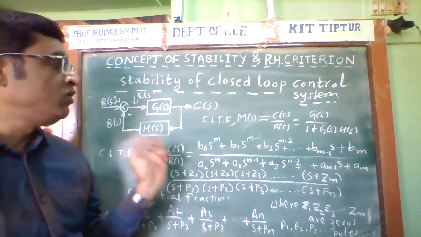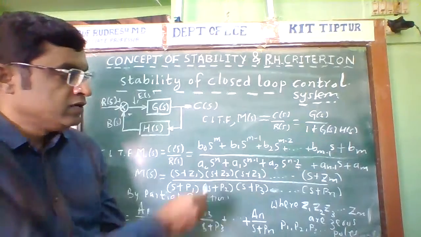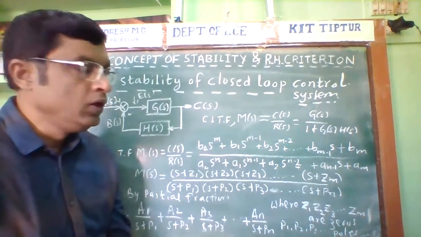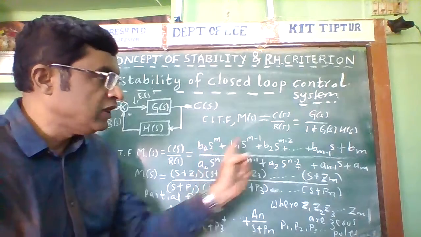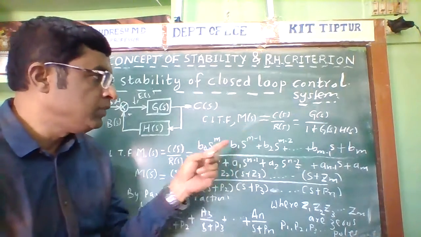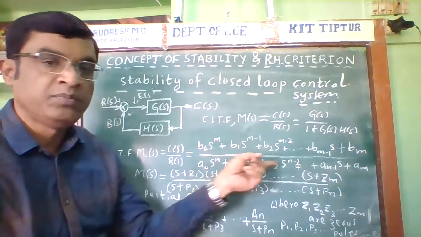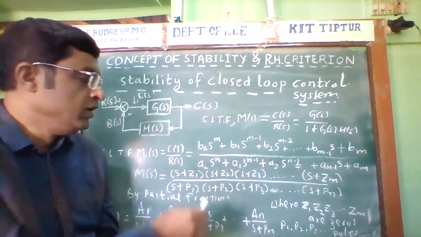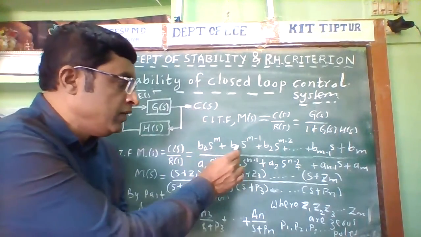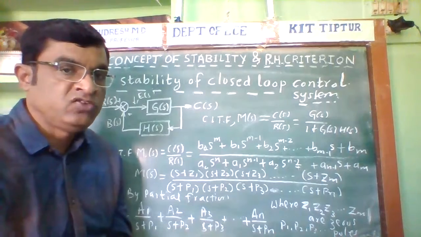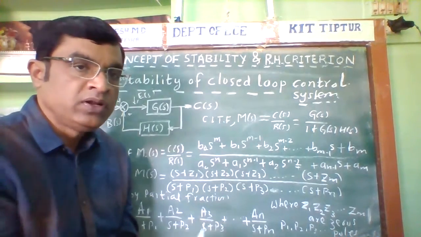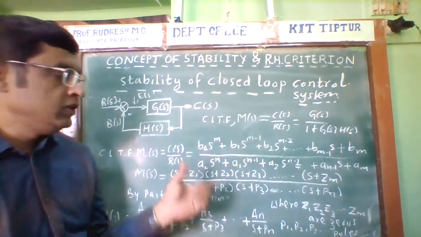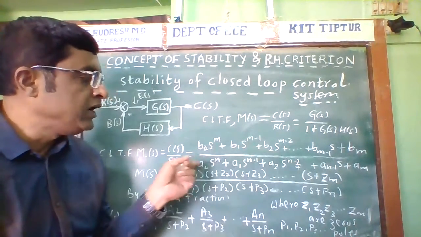The closed loop transfer function is nothing but the ratio of two polynomials in S. G of S is one polynomial, and 1 plus G of S is another polynomial.